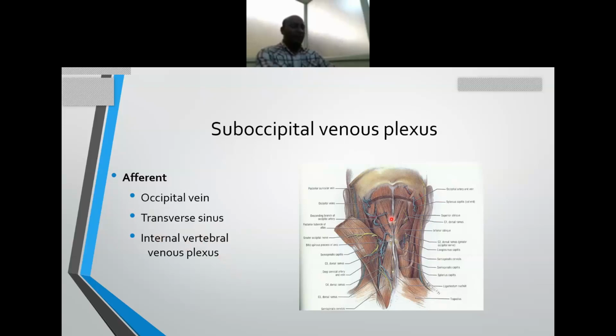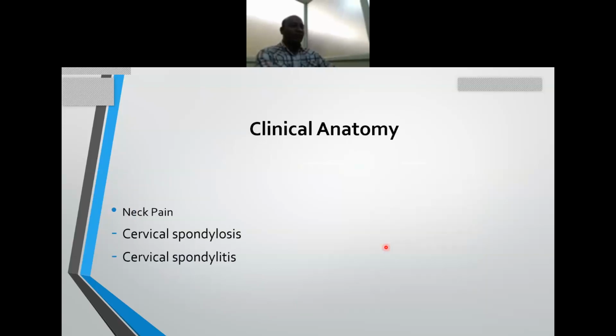The transverse sinus is part of the dural venous sinuses, which will join with the internal vertebral plexus, which comes out and forms a plexus in the suboccipital region, and these drain into the vertebral veins.